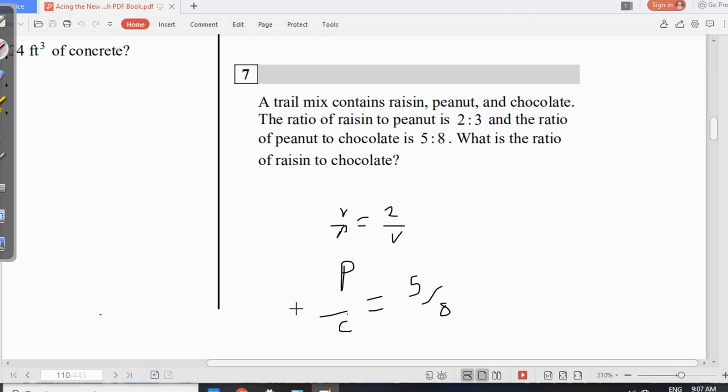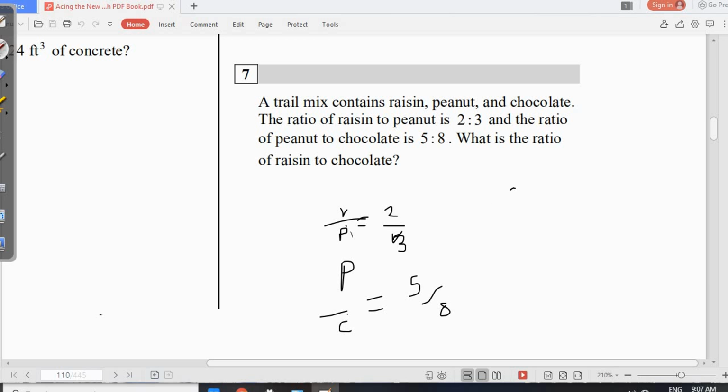So we simply crisscross this to make them look good. This is peanut here, raisin over peanut, and 2 is to 3.